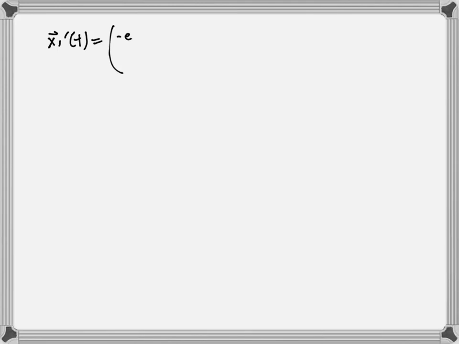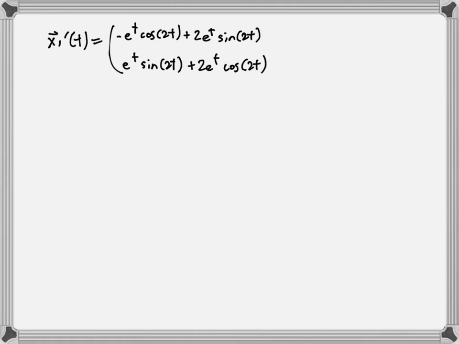It's going to be negative e to the t cosine 2t plus 2e to the t sine of 2t. And the bottom part derivative is e to the t sine of 2t plus 2e to the t cosine of 2t.